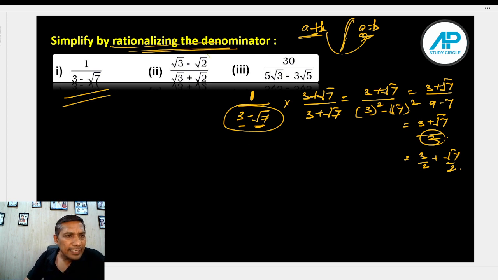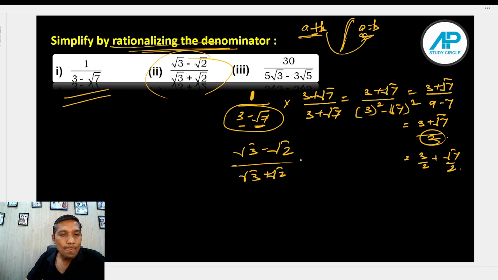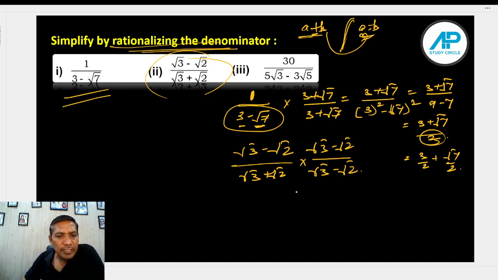So I take the second example, a much more common question in the exams. Multiply by root 3 minus root 2, root 3 minus root 2. You see very carefully here: the signs are the same.